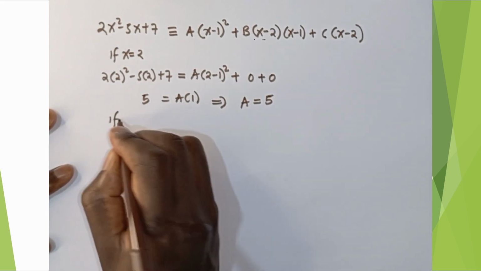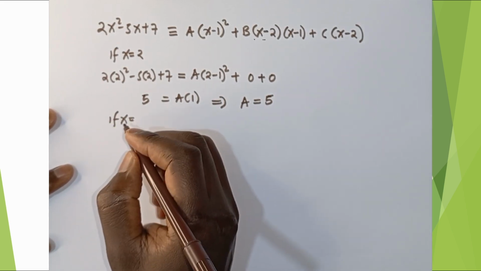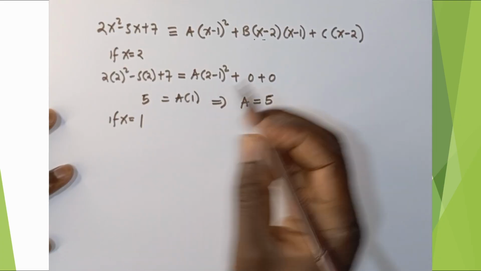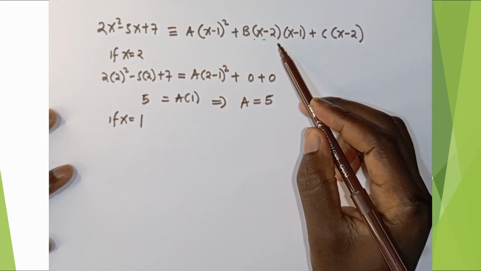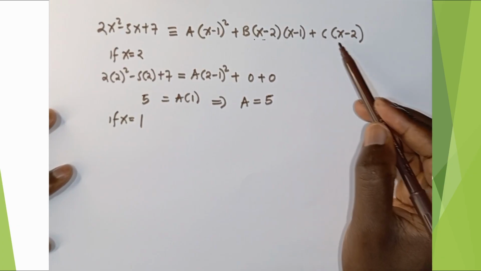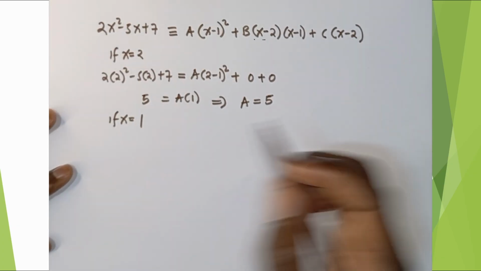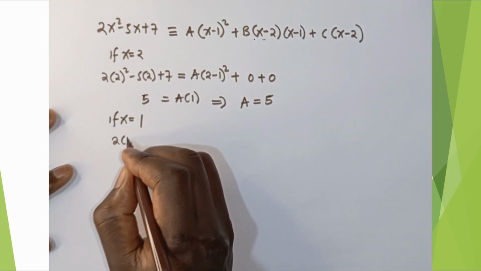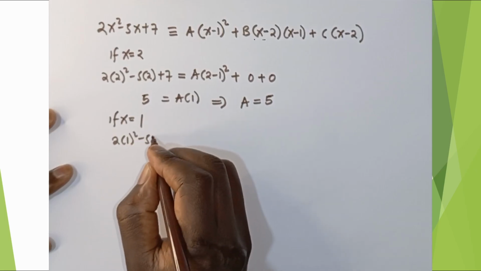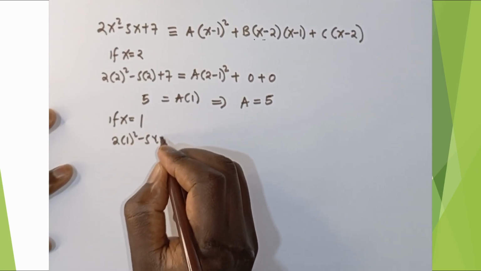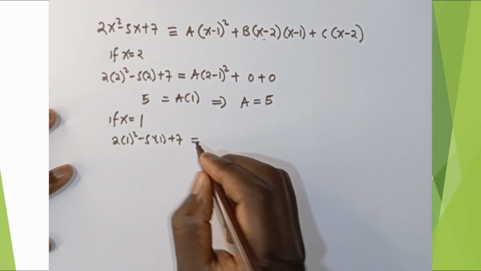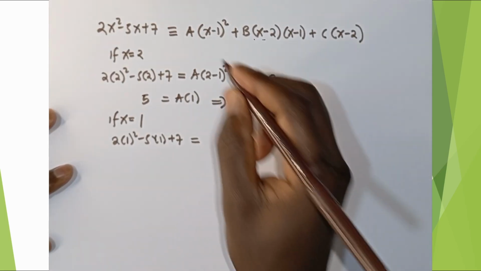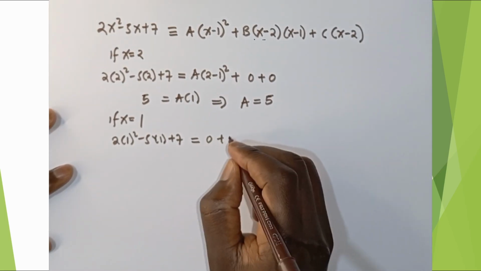We can say if x is equal to 1. Now if I let x to be 1, you realize that a will go to 0 and also b will go to 0. So I remain with c. So I'll have 2 into 1 squared minus 5 into 1 plus 7 will equal to a will go to 0, b will go to 0.